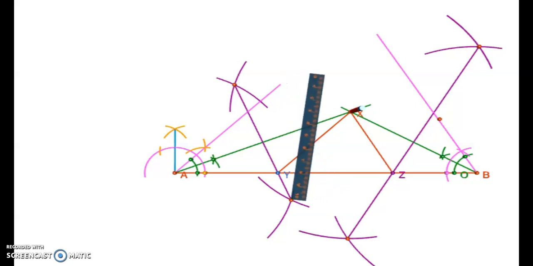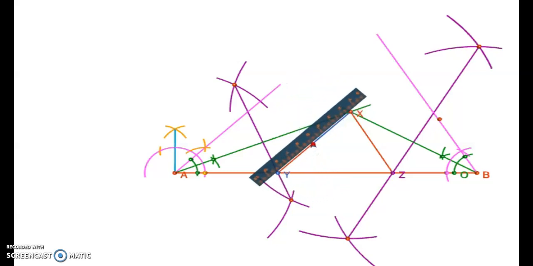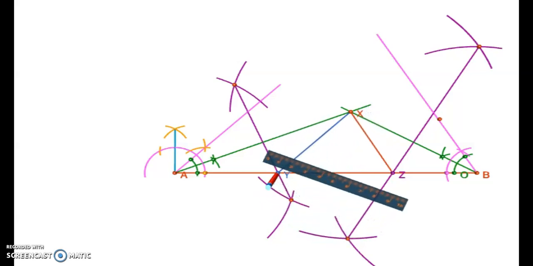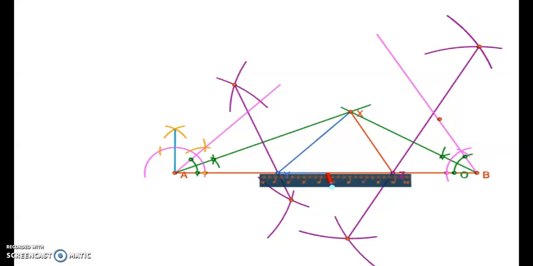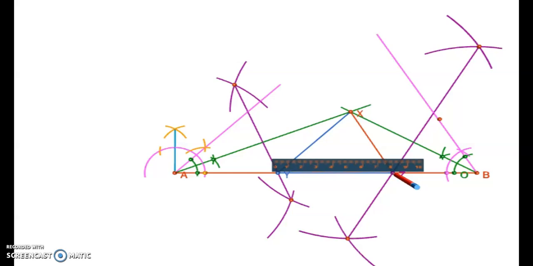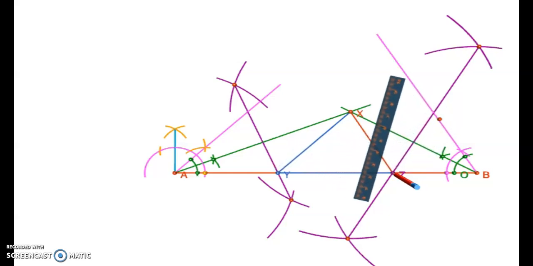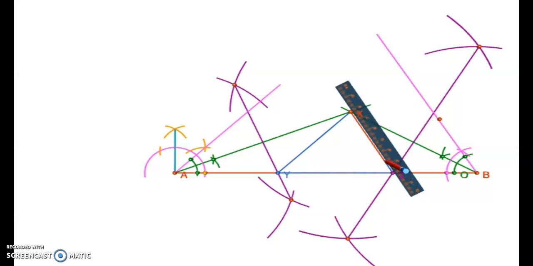So the triangle XYZ, that is XY, one of its sides, then the other side YZ, and then the other side XZ is our required triangle.